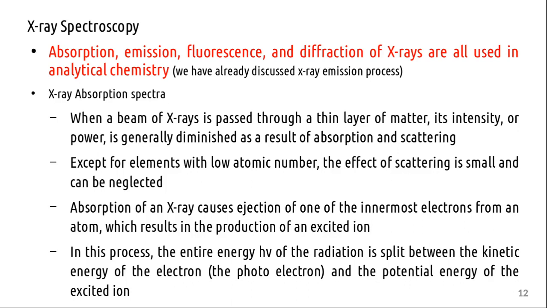There is the absorption property, so we have X-ray absorption spectroscopy. It basically relies on the fact that each element will absorb a particular amount of X-ray depending upon its atomic number. The absorption of X-rays will cause excitation of electrons of the inner shells.